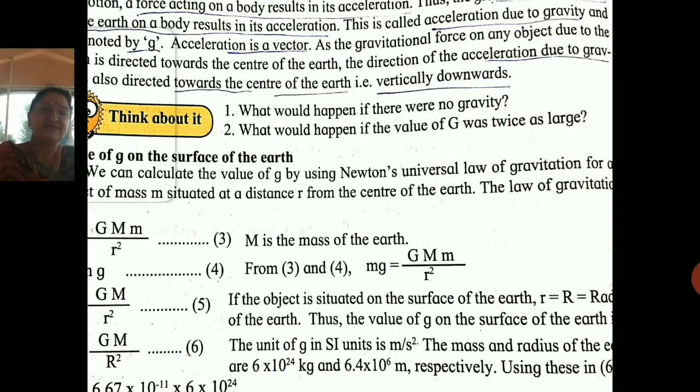By putting all these values in equation number 6, the value of gravitational acceleration is equal to 9.77 meter per second square.